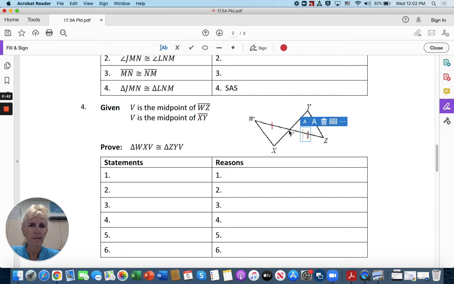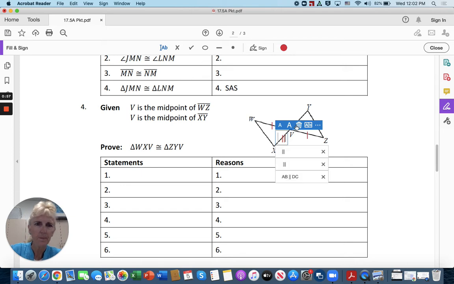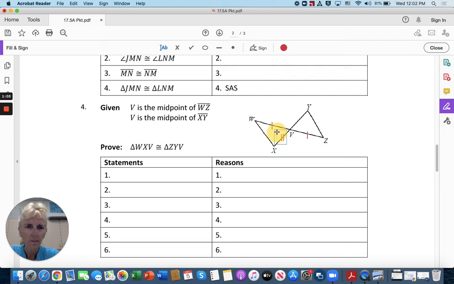And then since V is also the midpoint of XY, then I know that this, and I'm going to go ahead and put 2 of them, and you can do perpendicular lines instead of that one, is going to be congruent to this one.